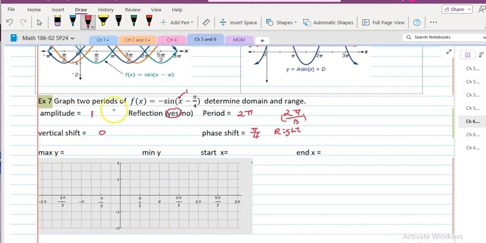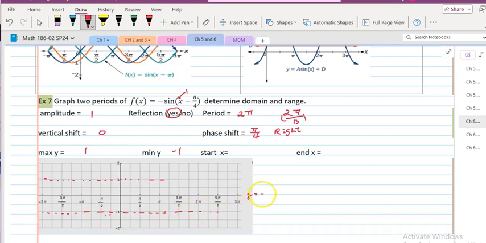So if that is the case and I don't have any vertical shift, then the maximum y is 1, minimum y is -1. So I can just dot the horizontal and vertical lines. I know the graph would have a midline at y equal to 0.